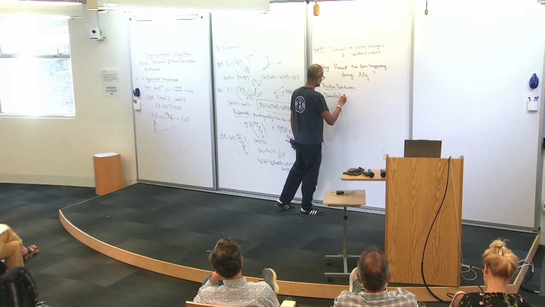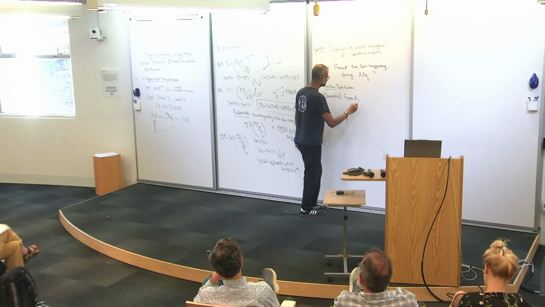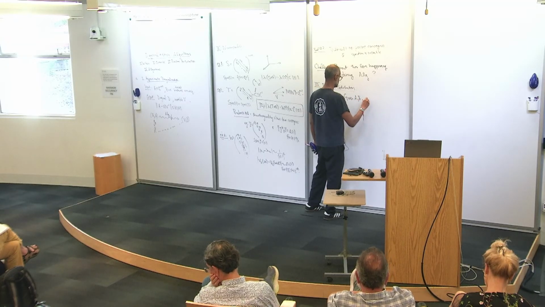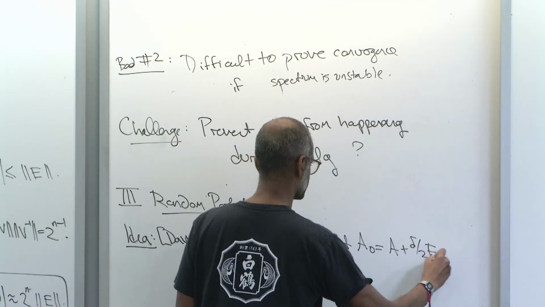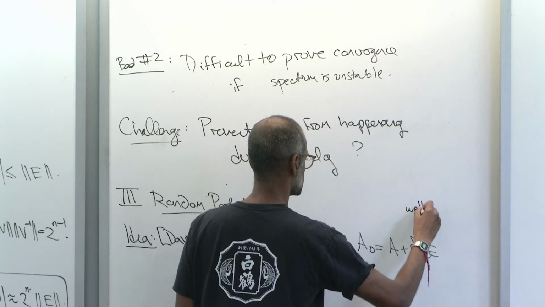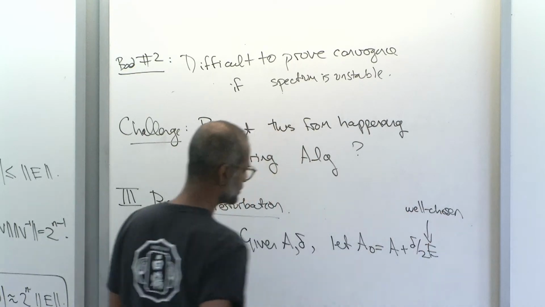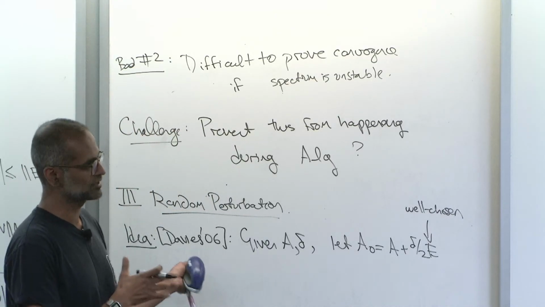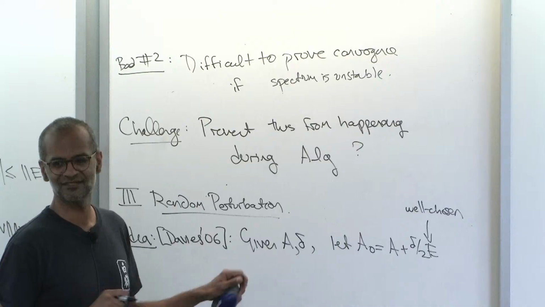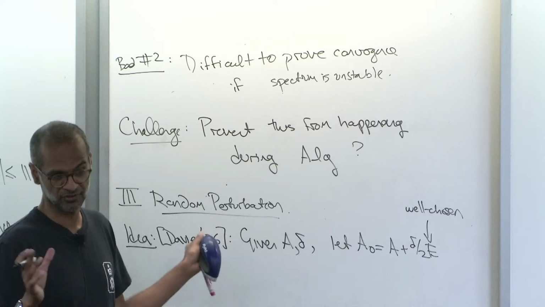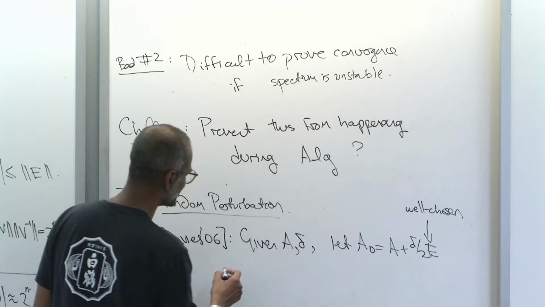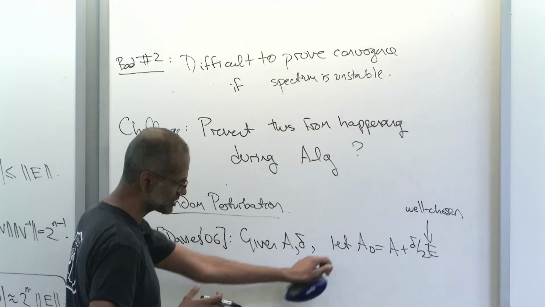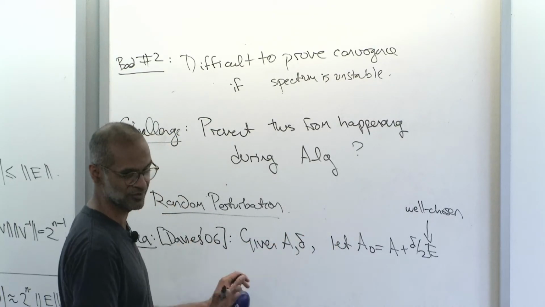So given A and delta, let's call it A naught be A plus delta over 2E for some well-chosen perturbation. I thought we were going to choose it randomly. Well, what he suggested was well chosen, actually, and then he did some experiments that suggested that random works. There's a question about this, which I'll mention at the end. We don't know how to do this without randomness.